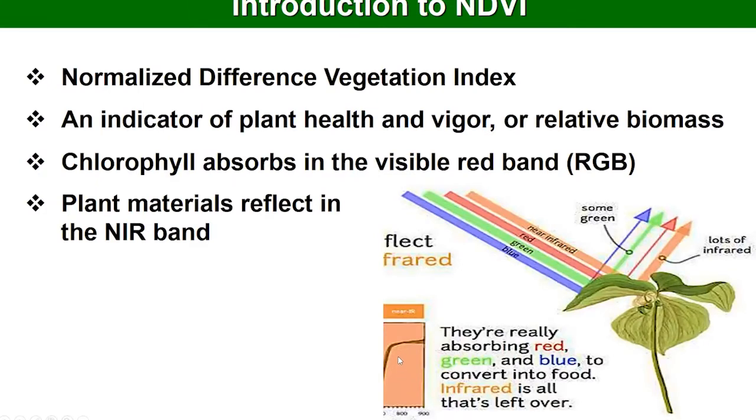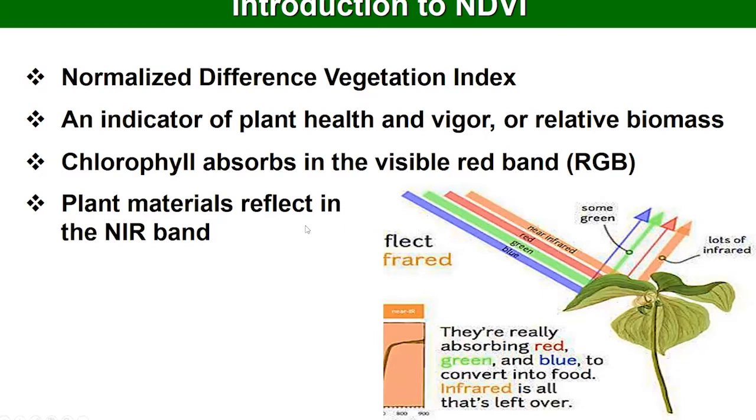So let's switch gears and talk about NDVI. Now this is an introduction to NDVI. It's the normalized difference vegetation index, and it is an indicator of plant health and vigor. Basically, leaves or plants, because they have chlorophyll, absorb the RGB light and reflect the near infrared.